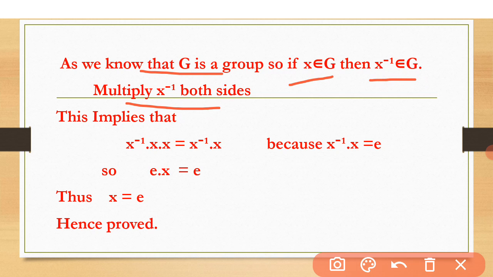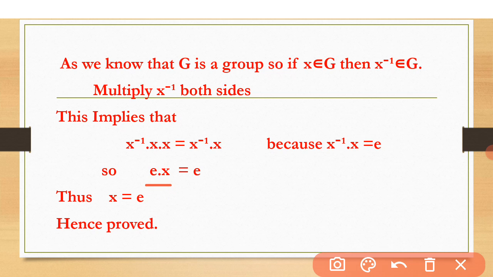We have read that X dot X is equal to X. When we multiply by X inverse on both sides, we get X inverse dot X dot X and X inverse dot X. We know that when an element is multiplied by its inverse, it gives us the identity element. So, X inverse X is equal to E, and here X inverse X is equal to E.